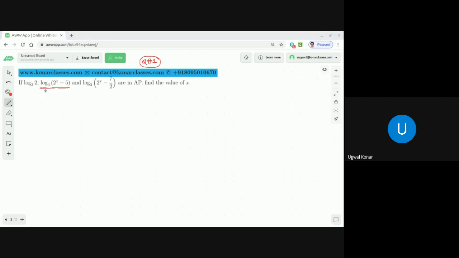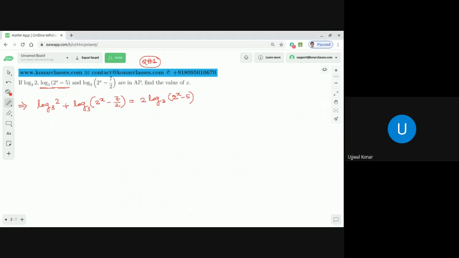Or the other way, we can conclude that log 2 to the base 3 plus log of 2 to the power x minus 7 by 2 base 3 is equal to 2 into log of 2 to the power x minus 5 base 3. Correct or not, dear students?